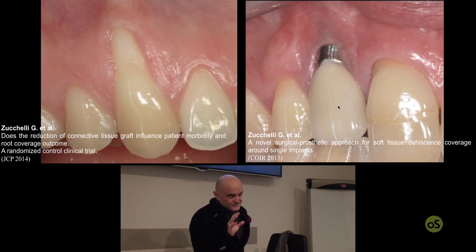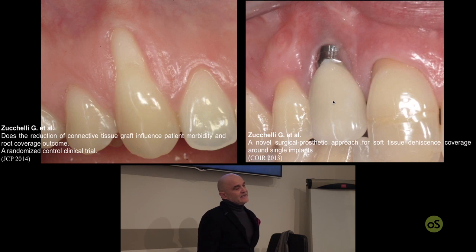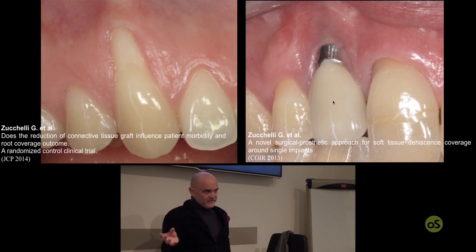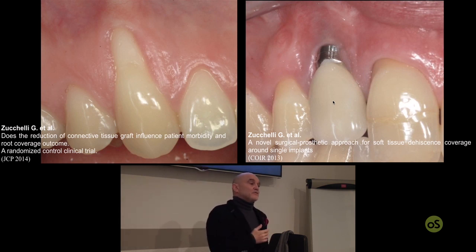Complete coverage at the level of the implant means replace the soft tissue margin at the level of the ideal position of the soft tissue margin of the implant-supported crown. If there is a homologous tooth, natural dentition, it means that the soft tissue margin should be placed at the same level of the gingival margin of the homologous natural tooth.